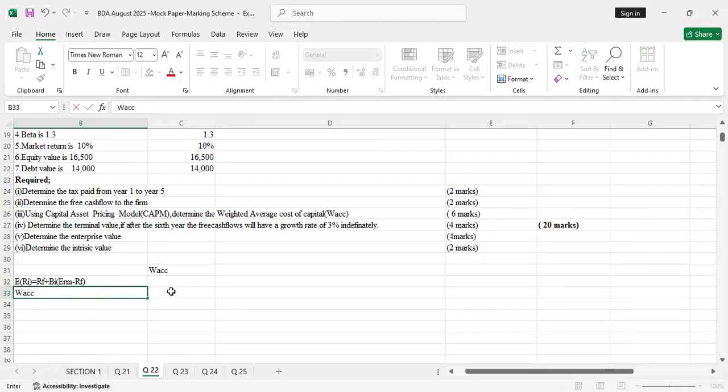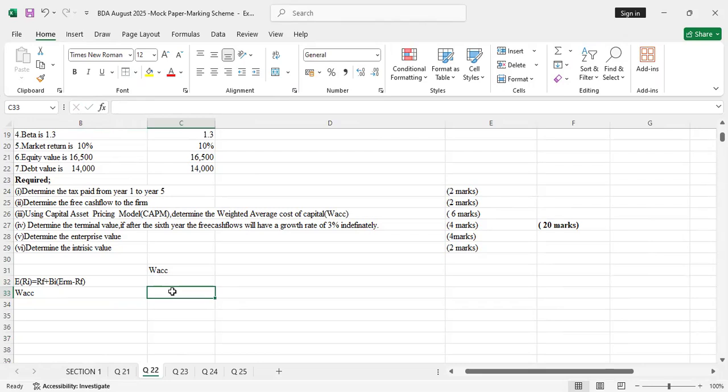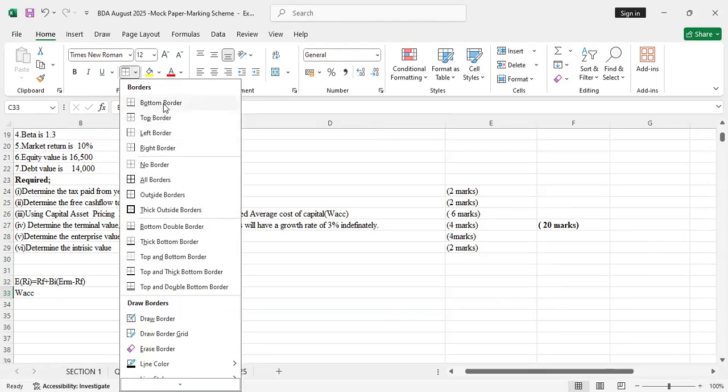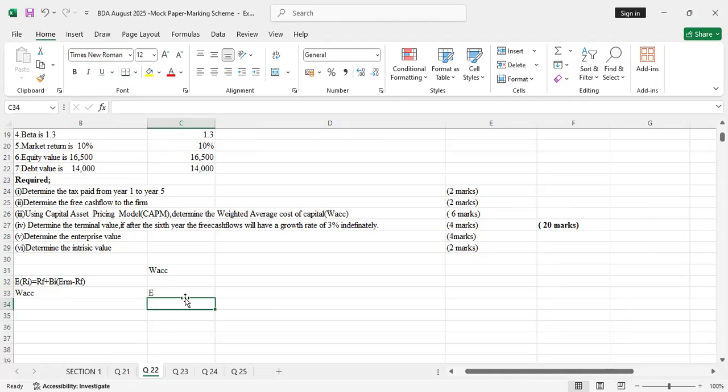All right, so the formula will be equals to the value of the equity divided by the value of equity plus the value of debt, E over E plus D. Then we multiply by RE, which is the cost of equity.